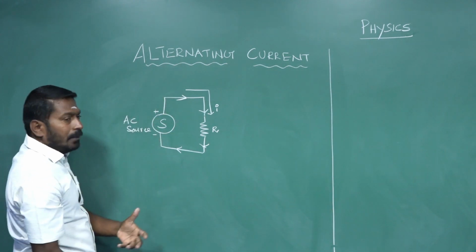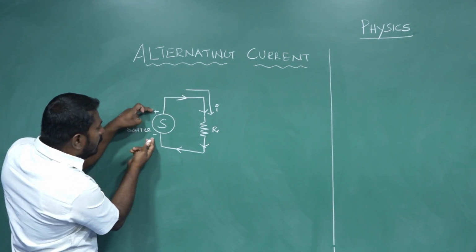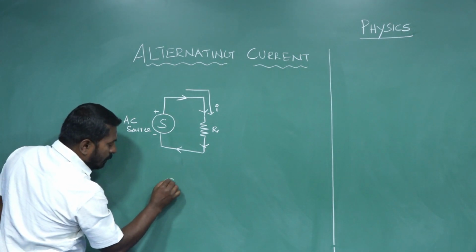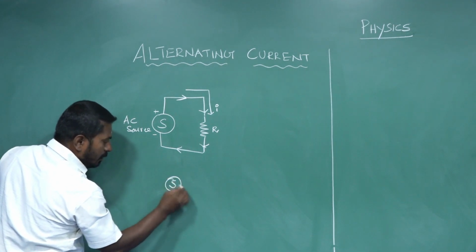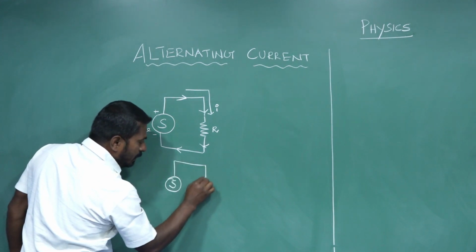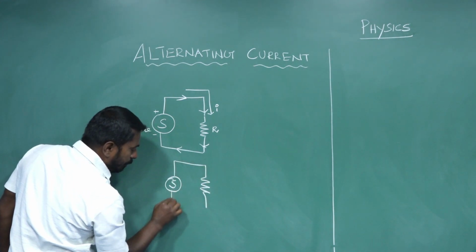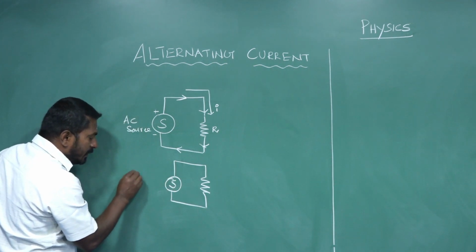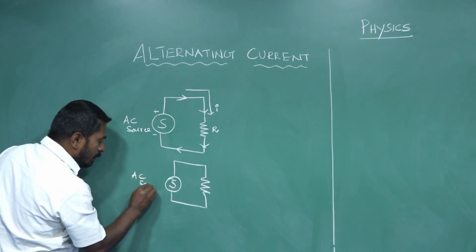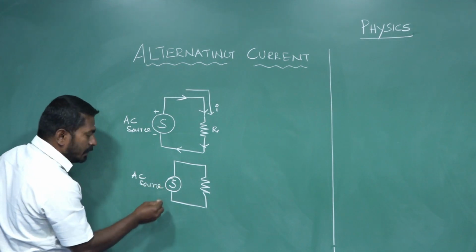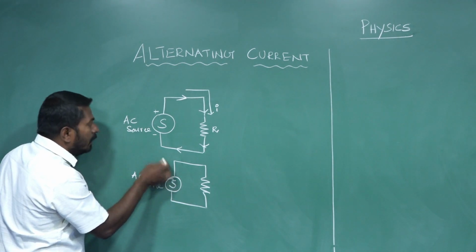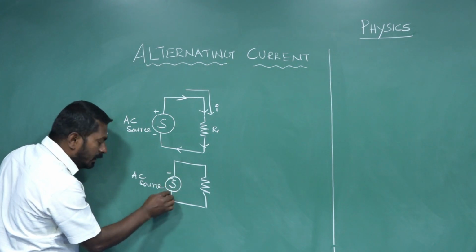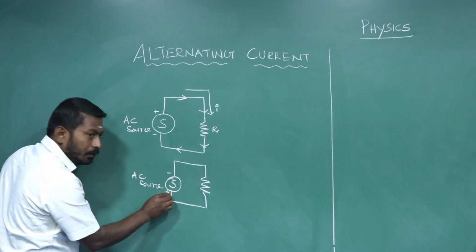After a short time, the polarity of the alternating voltage source is reversed. In the same closed circuit, the polarity of the AC source is changed. Now the upper terminal is negative and the lower terminal is positive.